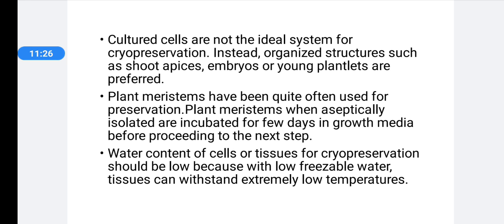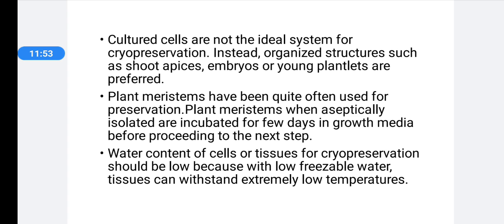Organized structures like shoot apices, embryos, or young plantlets are the best for cryopreservation. Cultured cells are not that much preferred because they are not the ideal system for cryopreservation. Then plant meristems are also quite often used for preservation. Plant meristems are aseptically isolated and incubated for a few days in the growth media before proceeding to the next step.